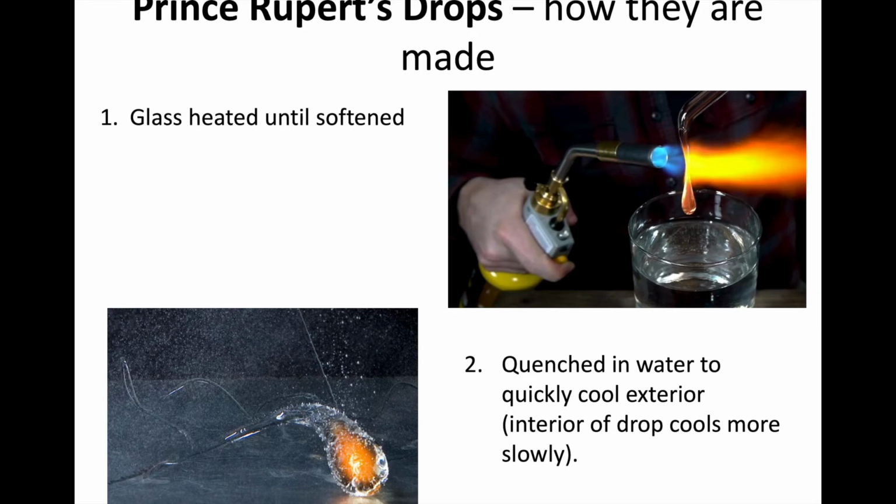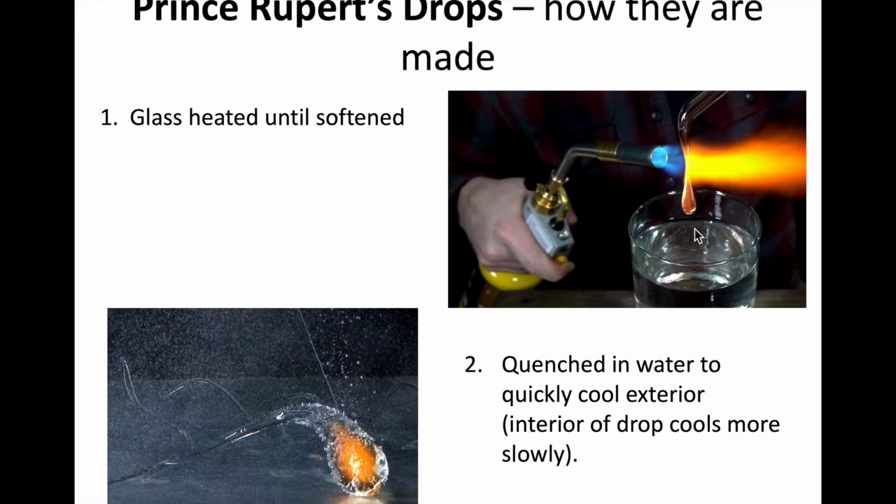The other example of this is Prince Rupert drops. Some of you may have seen us do this at various department functions. Basically, we take a glass rod and a very high temperature blowtorch, and we soften that glass rod until it becomes movable.